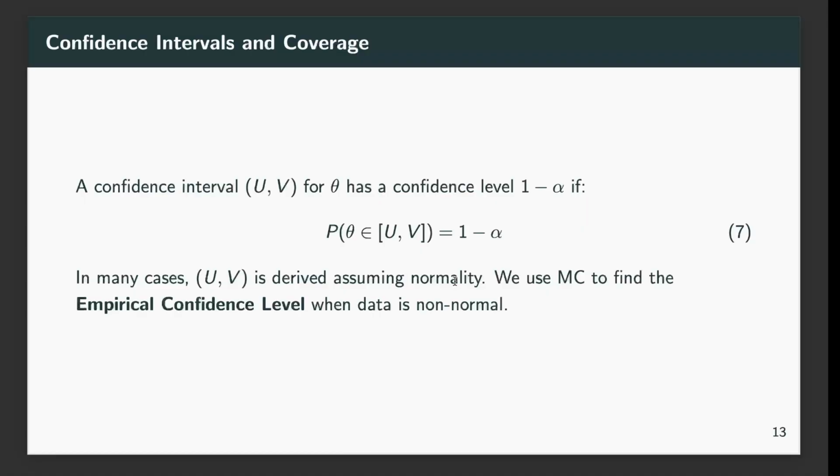Then we take the average of this indicator, and this will give us the empirical confidence level, which is the actual proportion of times the interval covers the true parameter under simulated conditions. So this is a direct empirical answer to the question of how reliable this confidence interval is when the data is not normal. As we will see in the next few slides, the answer is sometimes quite surprising.